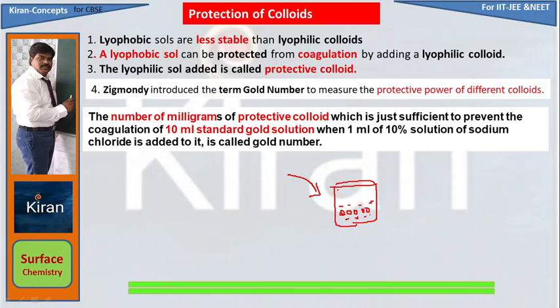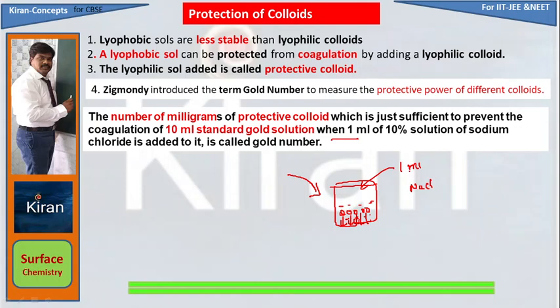That is called the gold number. When 1 ml of 10% sodium chloride solution is added to it, even when you test with 1 milliliter NaCl solution, these will not settle down, isn't it? So this is about the gold number.